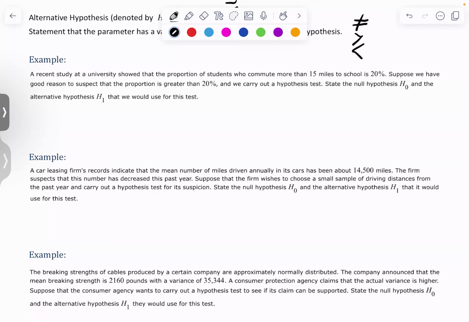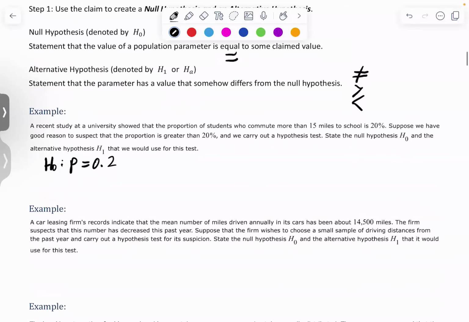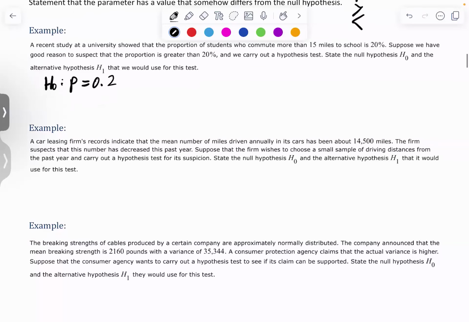We have H naught, which is that the proportion is equal to 20%. The null hypothesis is always equals. The alternative is something other than equals. In this case, it says that it's greater than 20%. So here's our null and alternative hypothesis for this statement.